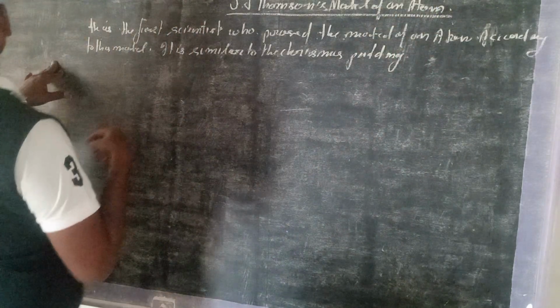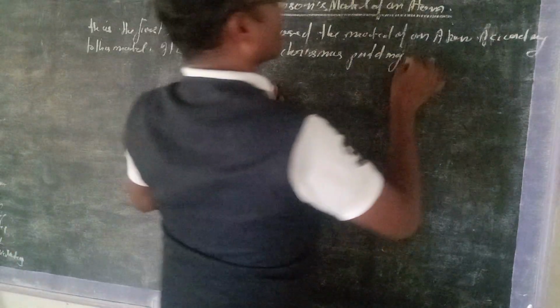In the Christmas pudding model, the electrons are in a sphere of positive charge.